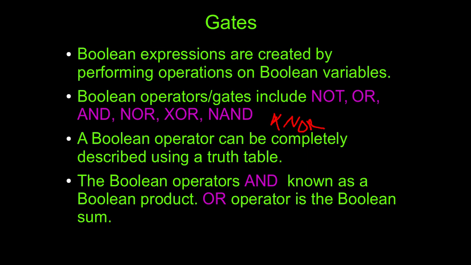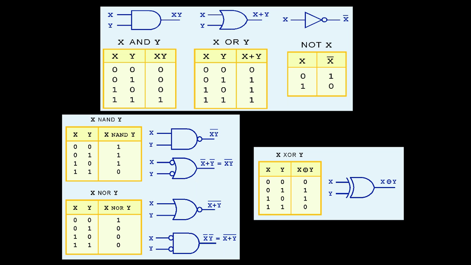How do I describe logic? In 3 ways, or Boolean algebra. A Boolean operator can be completely described using a truth table. The Boolean product is one operator, and the other is the Boolean sum. They think of it as product, multiplication, or as sum.